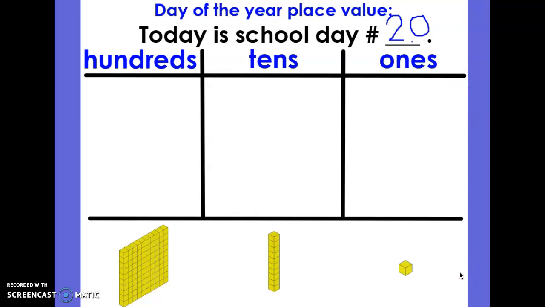What number is in the 10s? That's right, a 2. So I'm going to need 2 10s. And I have a 0 in the 1s. So do I need to put any 1s over here? No, no 1s today. So just the 2 10s represent 20.